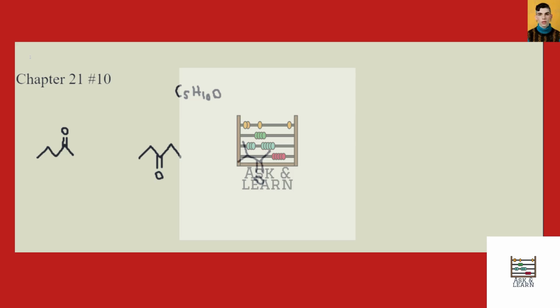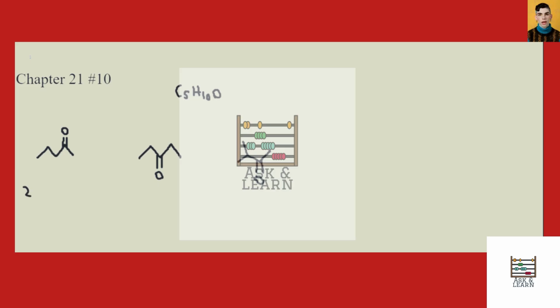So next we are asked to name each of them. So this first one is a straight chain, and it's a 5-carbon chain, and there is a ketone on either carbon 2 or 4, depending on which side you start counting from. And remember, we always want to give these the lowest number possible.